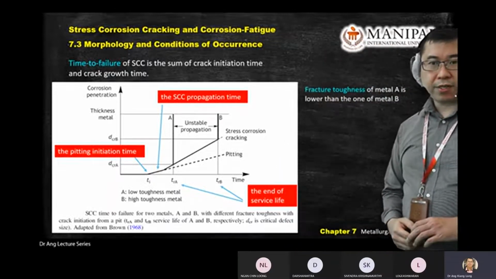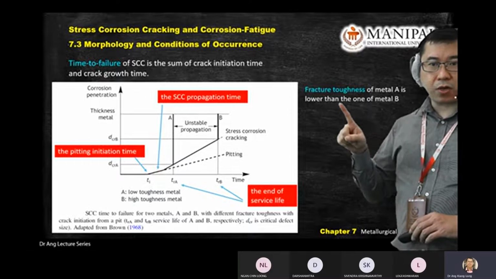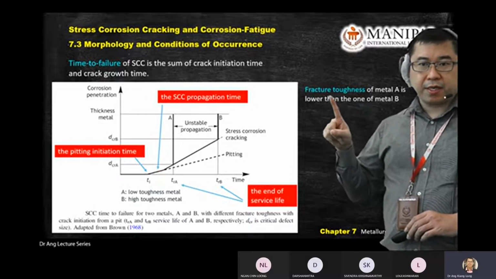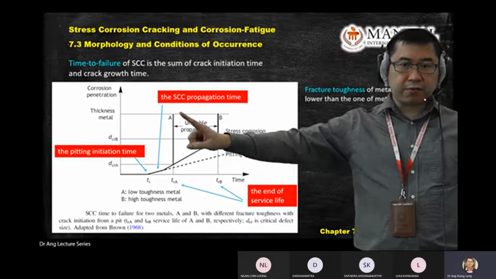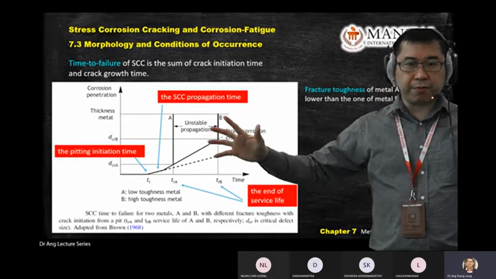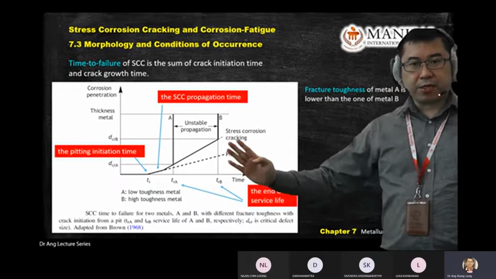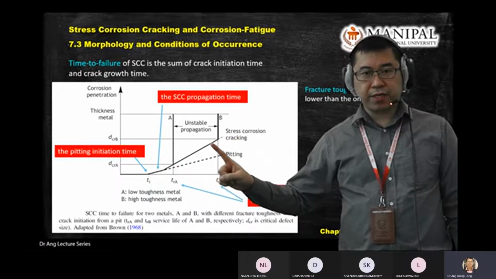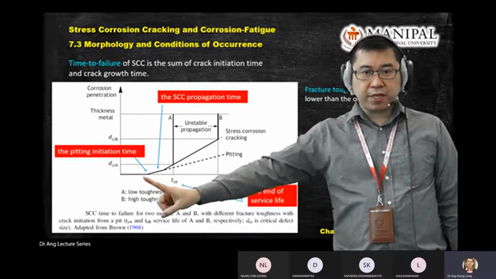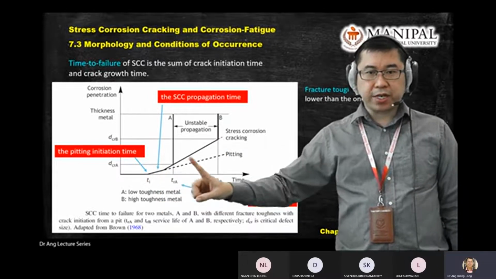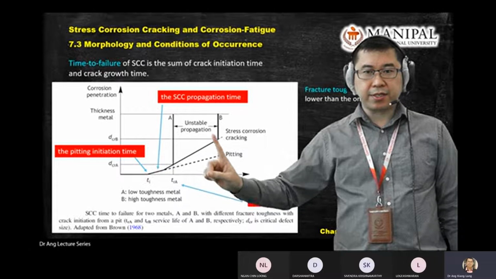So the fracture toughness of metal A is lower than B, from the graph itself, right? Because B can stretch further. B can stretch further in propagation time under SCC.